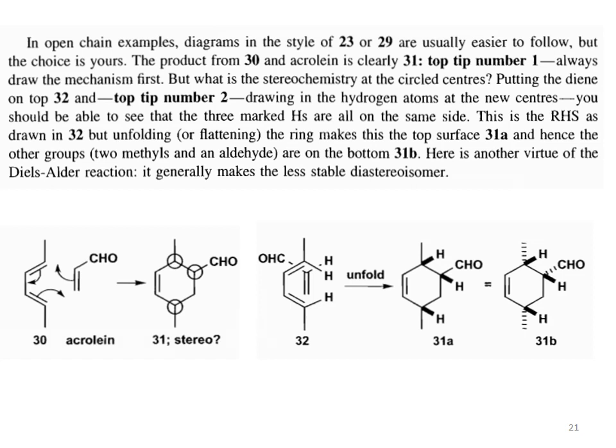In open chain examples, diagrams in the style of 23 or 29 are usually easier to follow, but it's our choice which type of structure we follow. The product from 30 and acrolein: this is the diene and this is the dienophile.